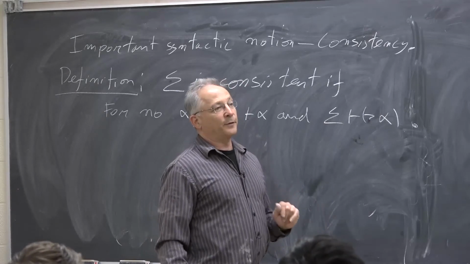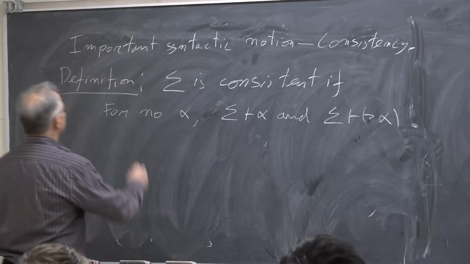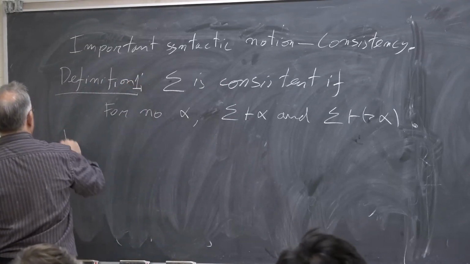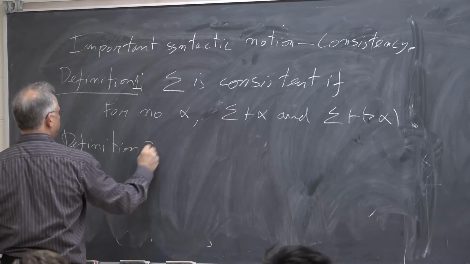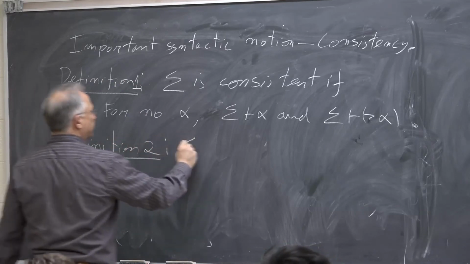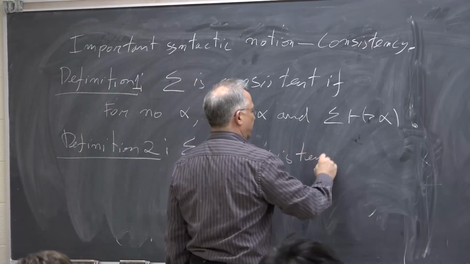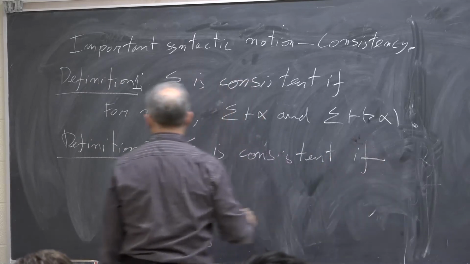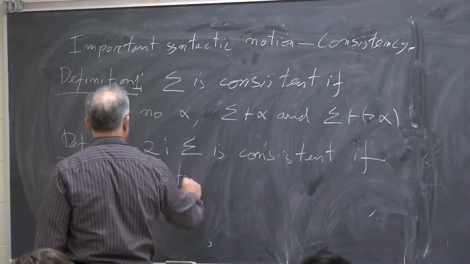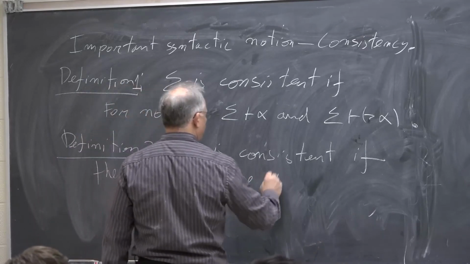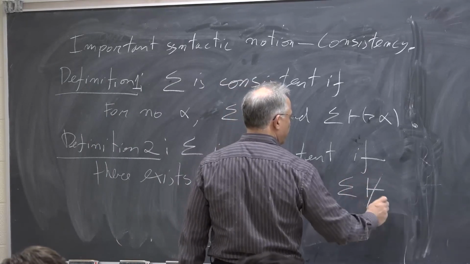So here is an equivalent statement which is cleaner from the point of view of syntactics. So let's call this definition 1. Let's give definition 2. Sigma is consistent if there exists some alpha such that sigma cannot prove alpha.